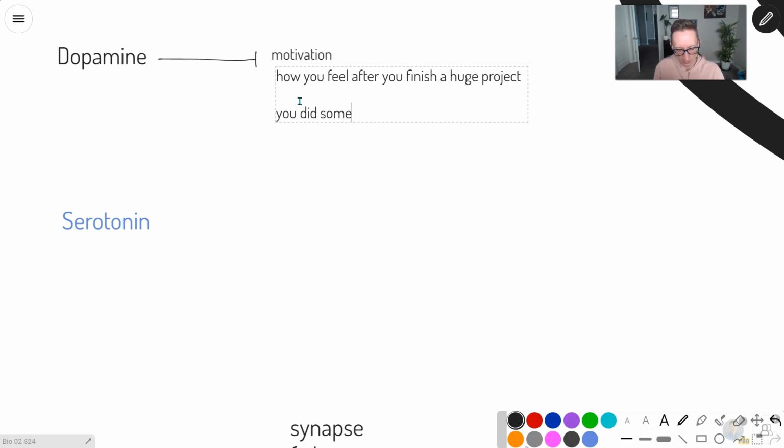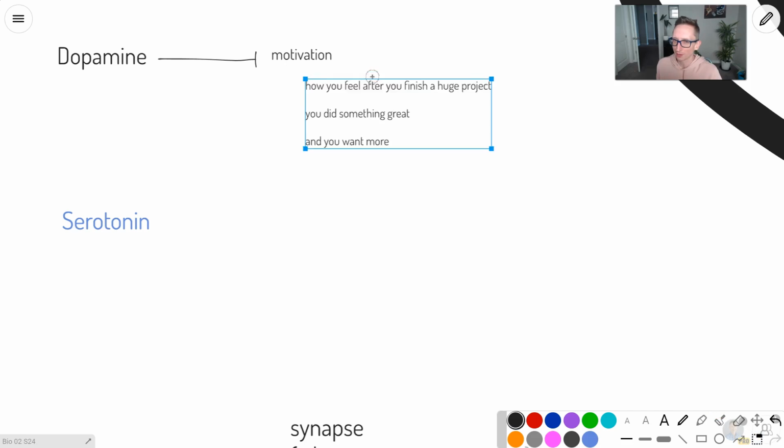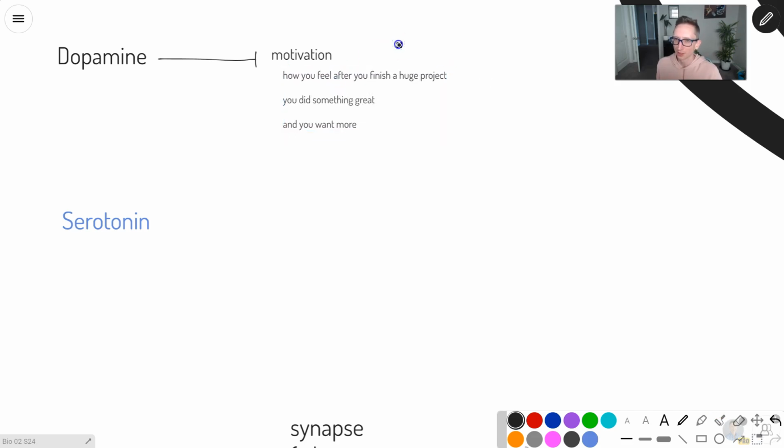You did something great and you want more. So this is why it's motivating, because when you do it, you end up wanting more. When you get a lot of dopamine, you want more. And this is what drives us to continue to do things. You do it and you want more.